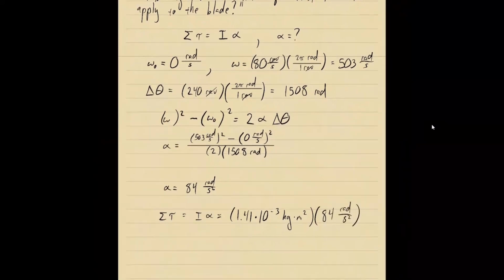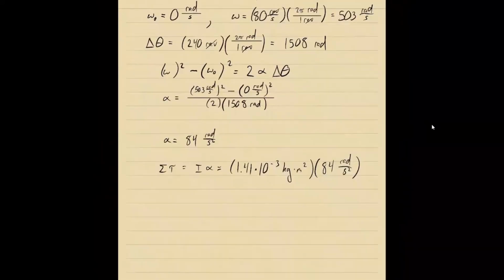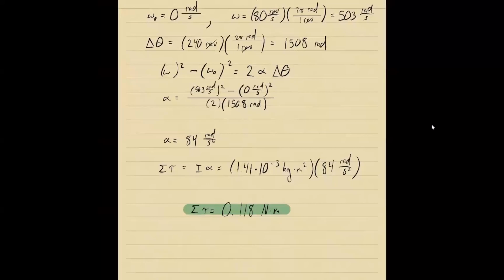When you punch that in, you get a net torque. So you add up all the torques in the problem, and you get a result that says that all of these added together could be 0.118 Newton meters of net torque. And so that's the end of that problem.